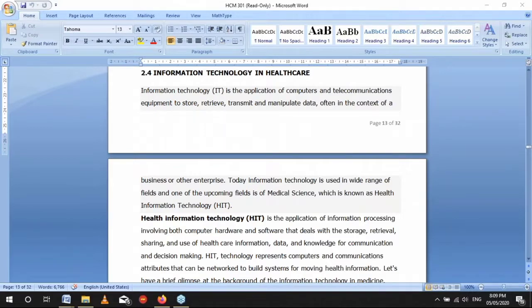And in such technology, we make use of hardware and software in computer.